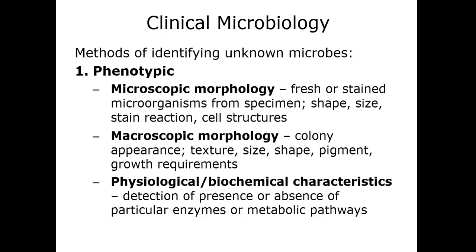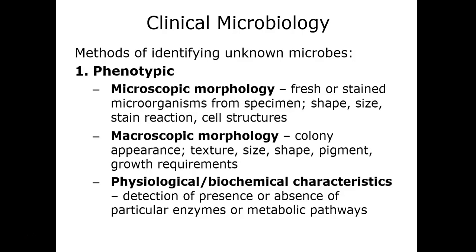So for instance, we can look at microscopic images of the microbe, whether it is stained or unstained specimens, shape, size, which we know as morphology, but then also the different reactions from things like gram staining, acid fast staining, or endospore staining. We also can look at things macroscopically, morphology.